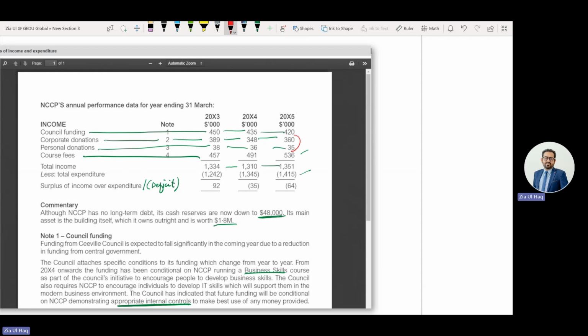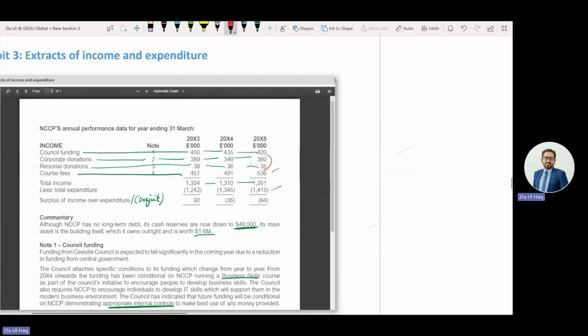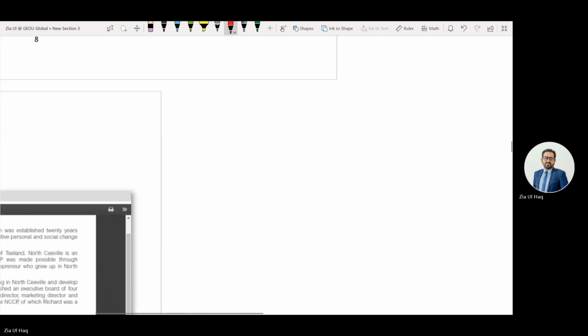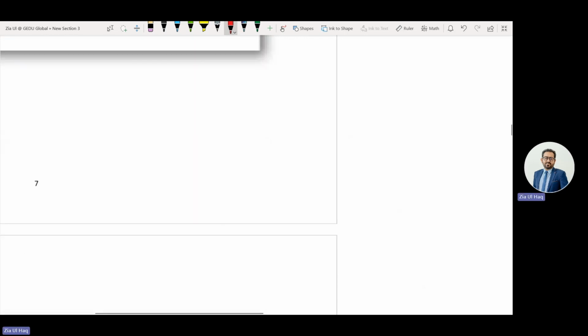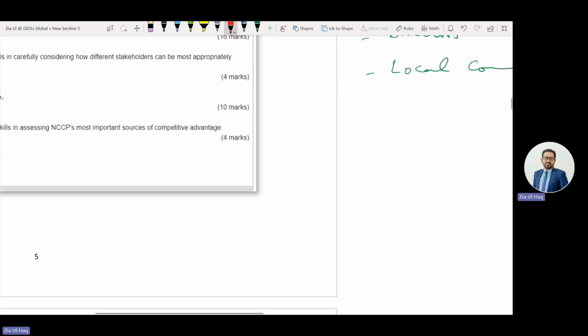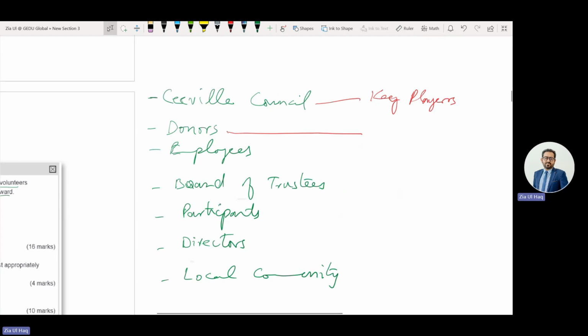And this 400,000 is about 22% of the company's total income. So they have high power. But their interest, have they raised any concern?